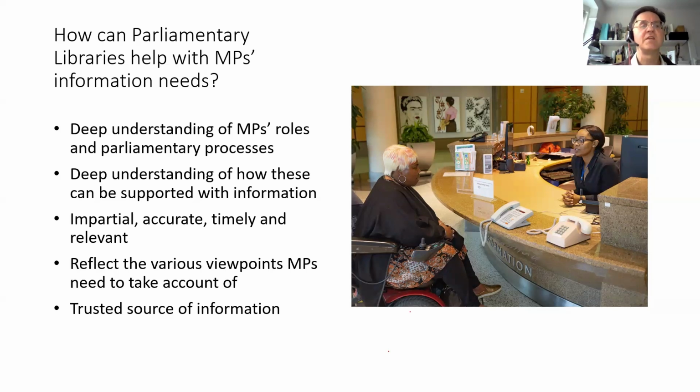And in the information we're providing, we're reflecting the various viewpoints that MPs need to take account of, reflected in the slide earlier about conflicting loyalties. And over time, we become a trusted source of information. Chapter 4 of the guidelines gives an overview of the main services usually provided by parliamentary libraries. Subsequent chapters go into more detail on different services.